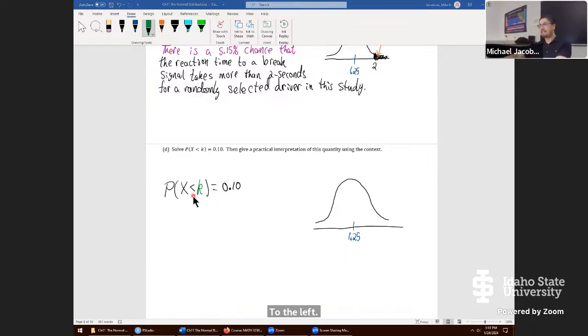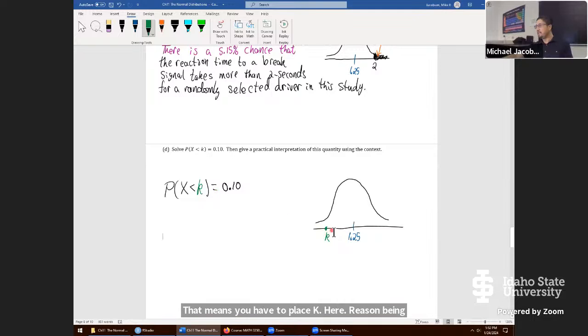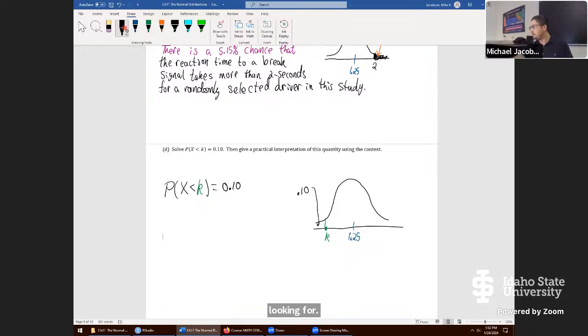Yeah, when it says X less than K is 0.10, that means we have to place K here. Reason being, that area is small, that area slash probability, and we want area to the left of K to be that amount. So right at this boundary, we get that area that we're looking for. 0.10 goes right here. Does that make sense to folks so far?